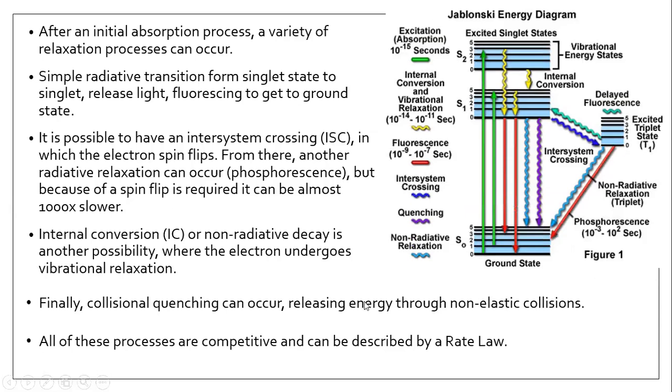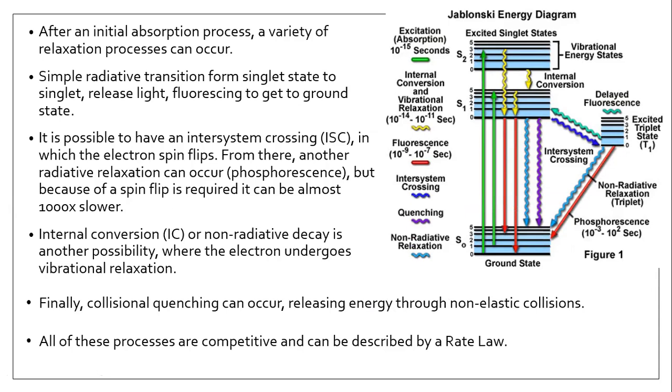Okay. Now, after an initial absorption process, we can have a variety of relaxation pathways. We can have a simple radiative transition, singlet to singlet, releasing light, fluorescence, to get back to the ground state. It's possible to have intersystem crossing, which I just mentioned, where the electron spin flips.